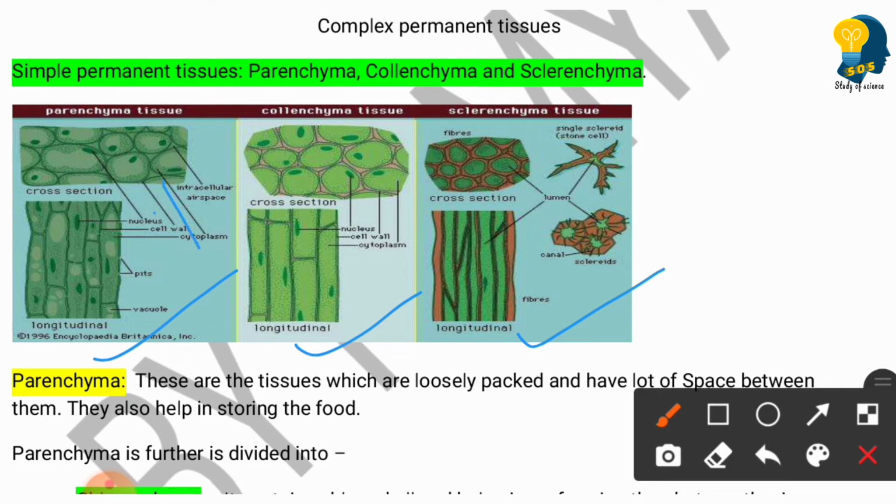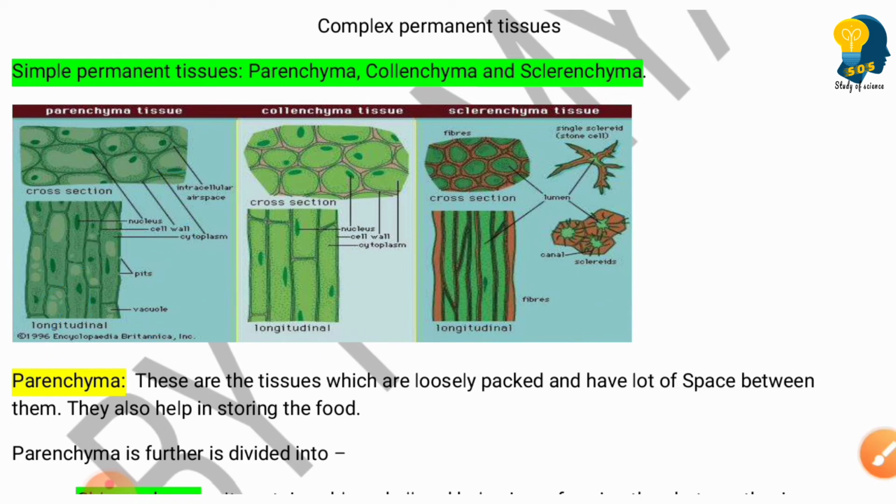Parenchyma are the tissues which have intercellular spaces between them and help in storing food. Parenchyma is further classified into Chlorenchyma and Aerenchyma. Chlorenchyma contains chlorophyll and helps in photosynthesis. Aerenchyma helps in floating the plants under the water.